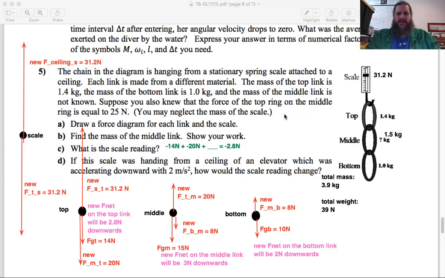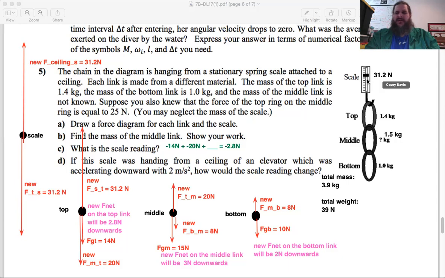Has gravity gotten weaker in this region? No, all the forces of gravity are still the same. The true weight of the chain is still 39 newtons because gravity hasn't changed at all. But the scale is displaying a weaker apparent weight because the system is accelerating.